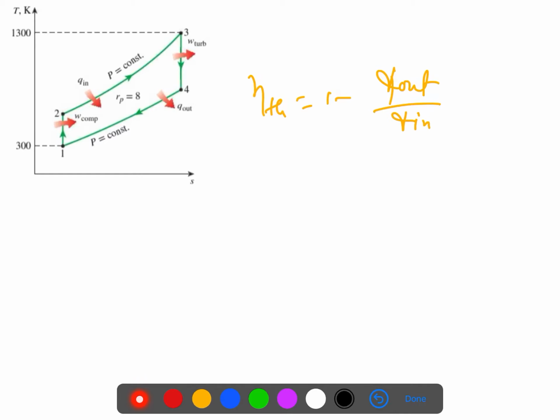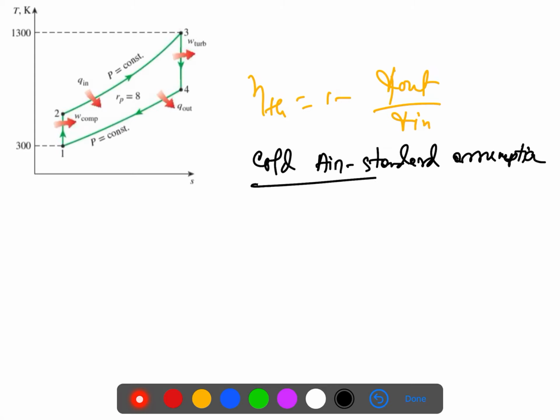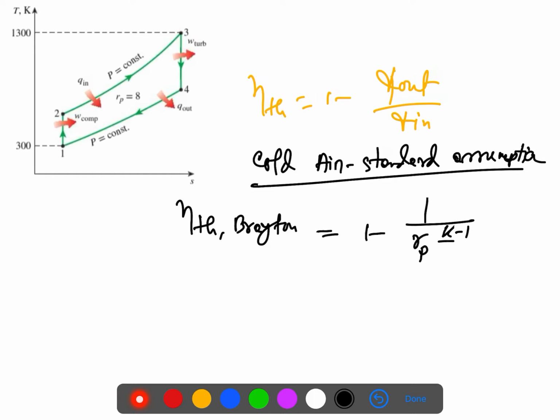And now finally, if you solve this under the cold air standard assumptions, which means the constant specific heat values at room temperature, then the thermal efficiency for the Brayton cycle formula is 1 minus 1 over Rp to the power K minus 1 over K. Rp is the pressure ratio, and K is the specific heat ratio, 1.4 constant.